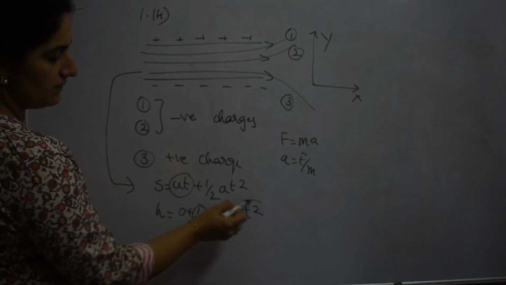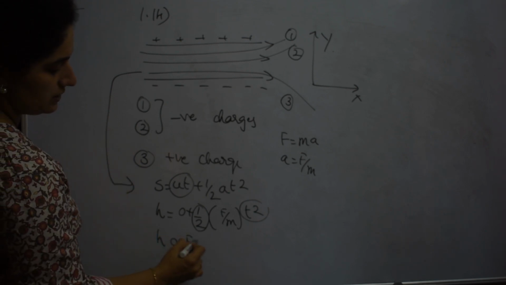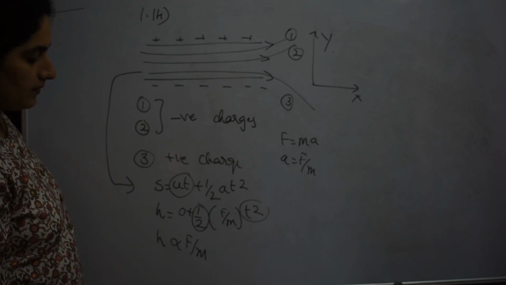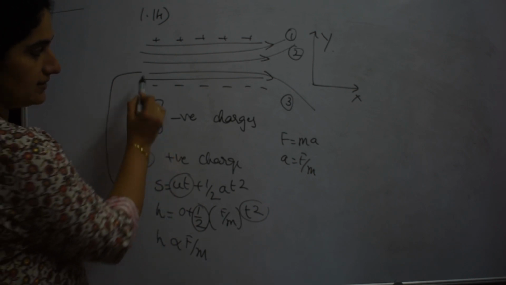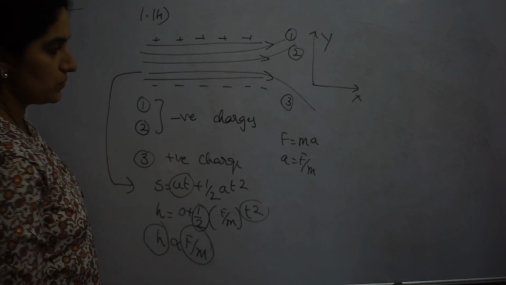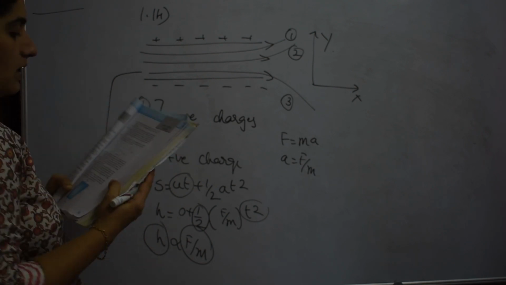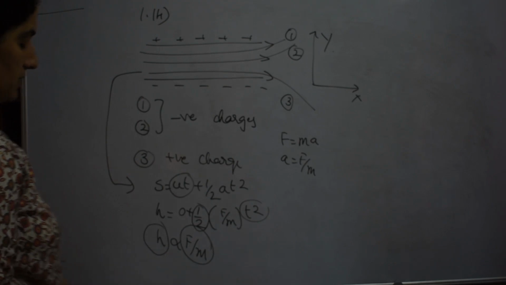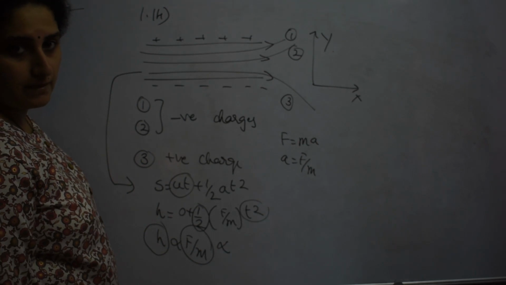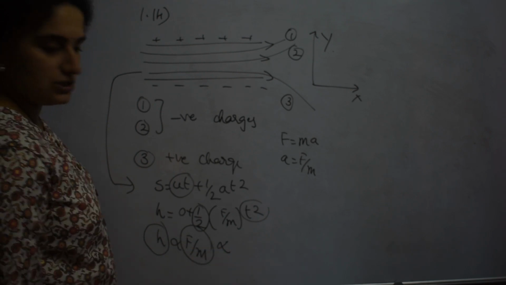Now this t we will take as constant. So h is directly proportional to F by m. So h, in the sense deflection, if deflection is more, then this ratio is also more. What ratio have they asked? They have asked the charge to mass ratio. Now F, the electric force, is directly proportional to the charge.